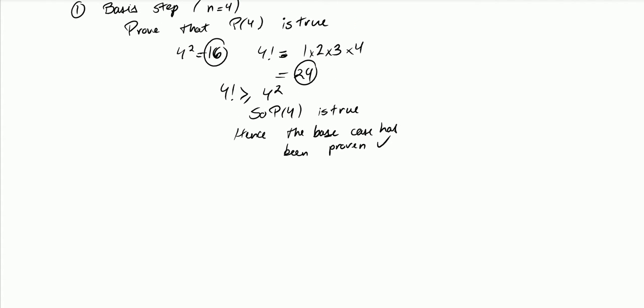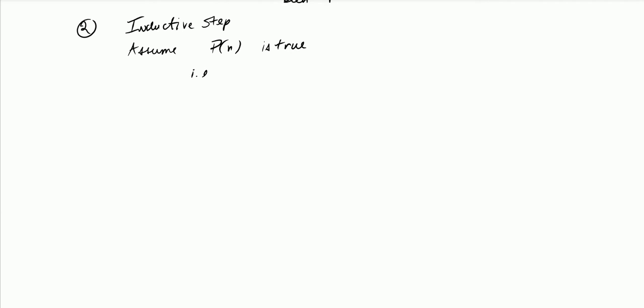My second step is a bit more complicated, as you know, so that's my inductive step. Okay, so in the inductive step, I assume Pn is true, i.e., I'm assuming that n squared is less than or equal to n factorial for n greater or equal to 4.